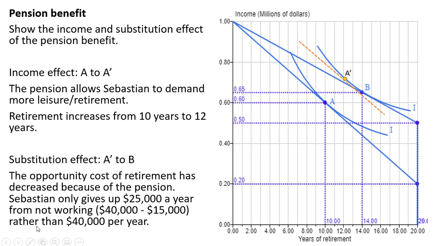Without the pension benefit, Sebastian had to sacrifice $40,000 per year from not working. Because he's getting the pension benefit, he's now only sacrificing $25,000. So that's why the budget line flattens out. So the substitution effect here causes Sebastian to take 2 more years of retirement. So the total effect here is that years of retirement goes from 10 to now 14. Okay, I'll stop here.